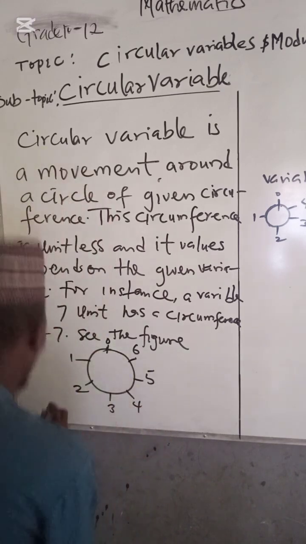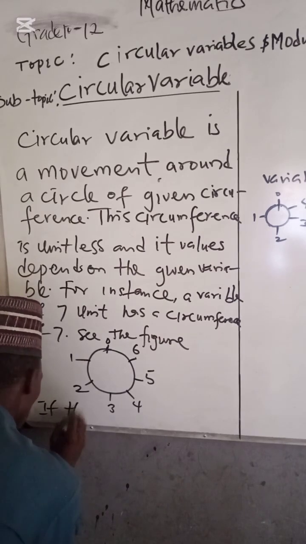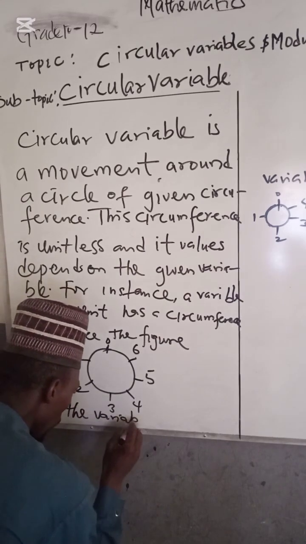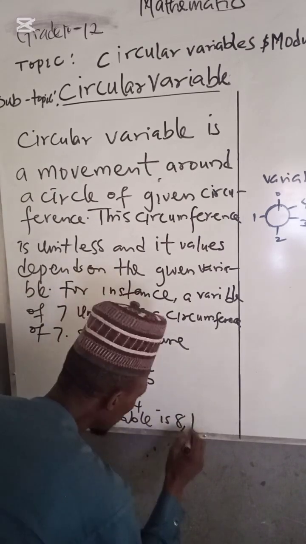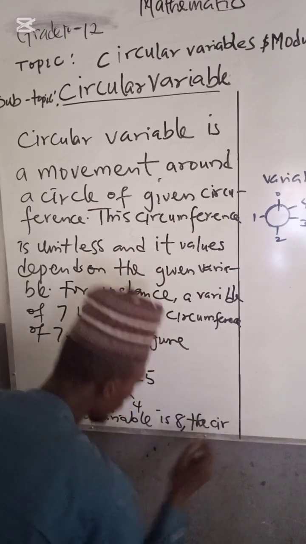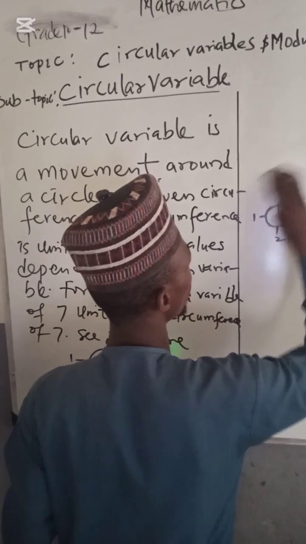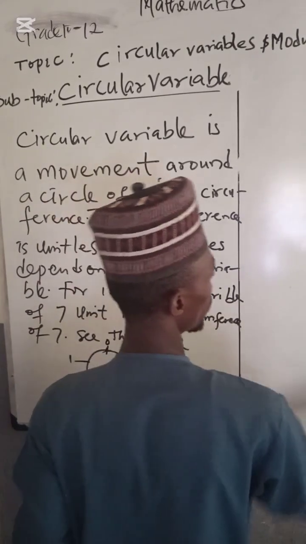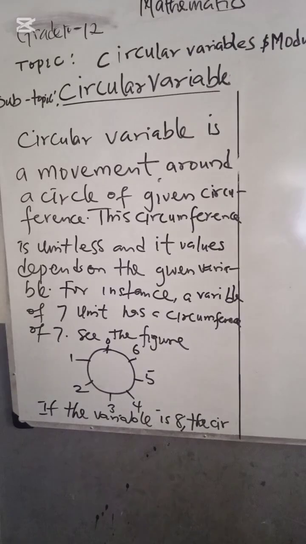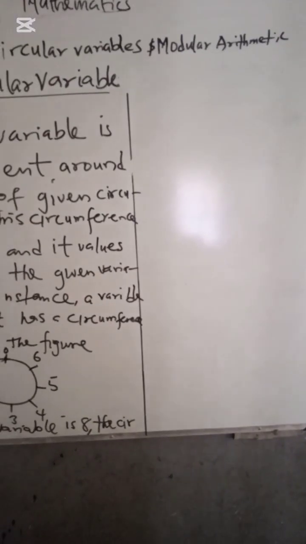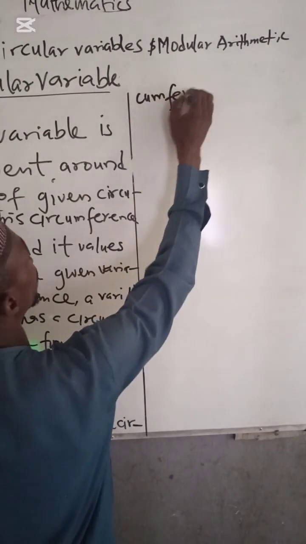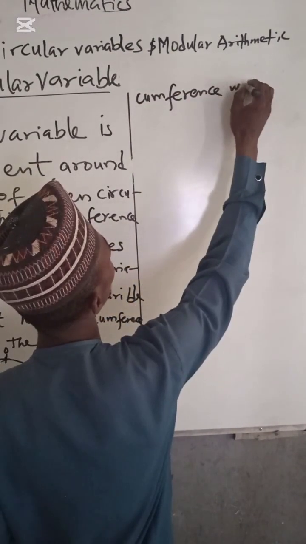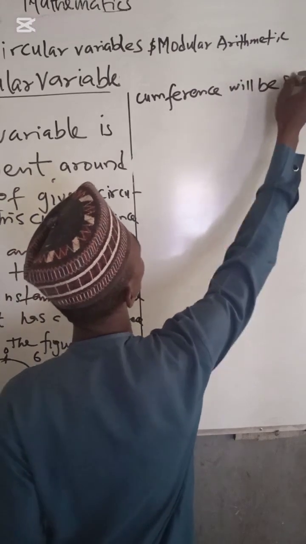Now, if the variable is 8, the circumference too will be 8.